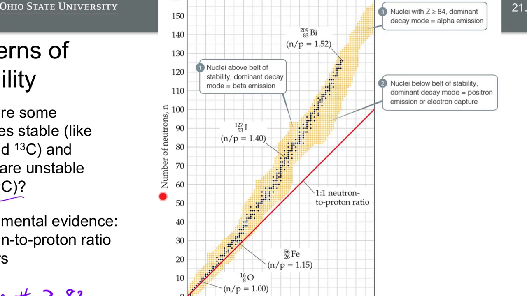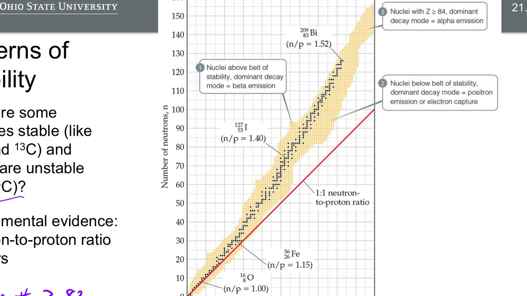Okay, this is neutrons, not mass number. If there's a 1-to-1 relationship of protons to neutrons, that's shown by this red line. And that doesn't exist for most of the nuclides that there are.